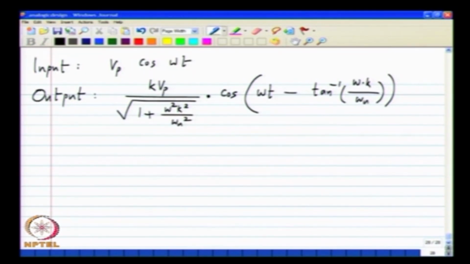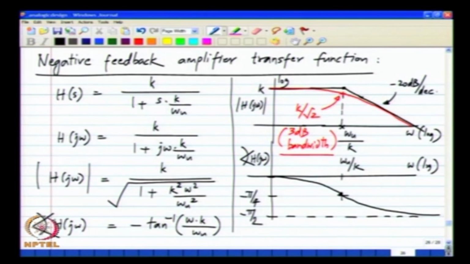So, these are the input and output, and first we will look at a frequency range which is much smaller than ωu by k, that is, we will be looking at this range of frequencies.